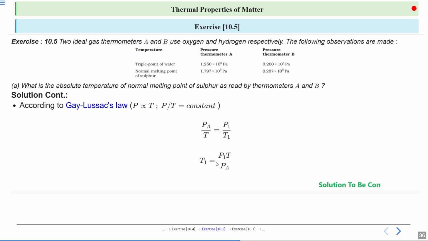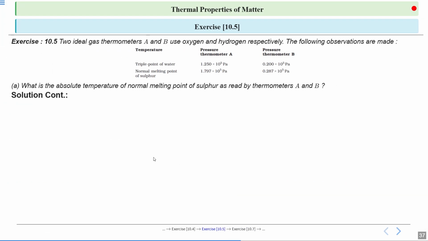All right. So solving for T1, just put in the values. You will get 1.797 into 10 raised to the power 5 Pascal into 273.16 Kelvin, divided by 1.250 into 10 raised to the power 5 Pascal.